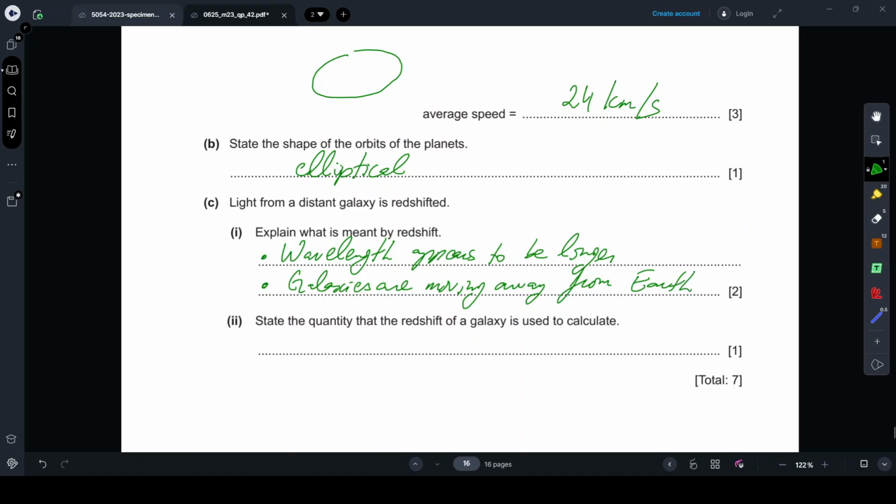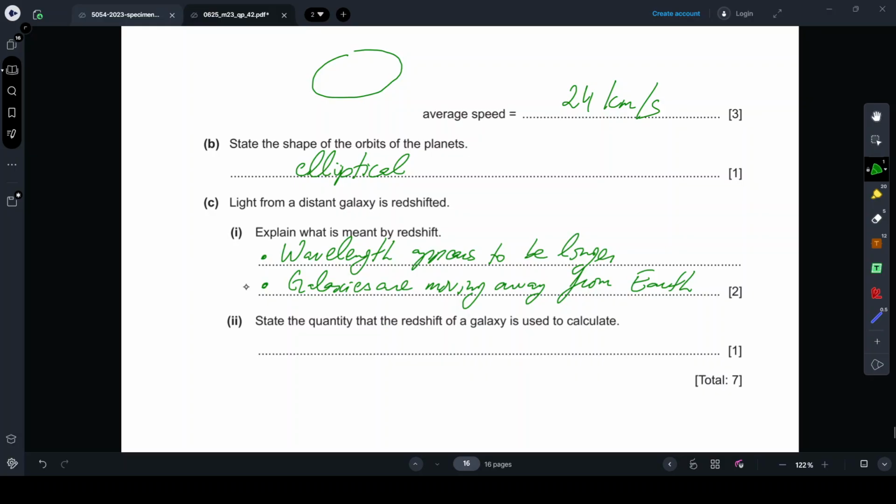Okay. State the quantity that the redshift of a galaxy is used to calculate. What do they use the redshift to calculate?